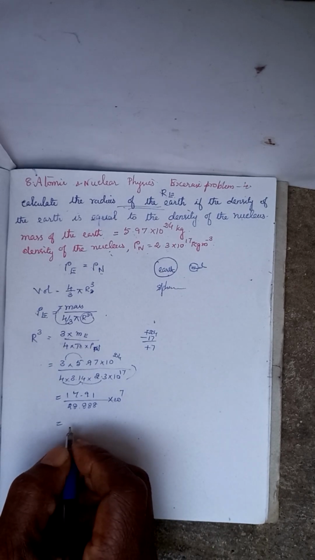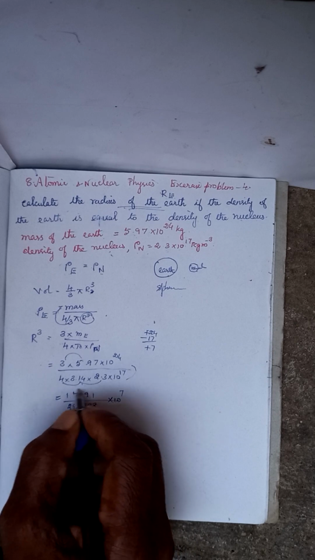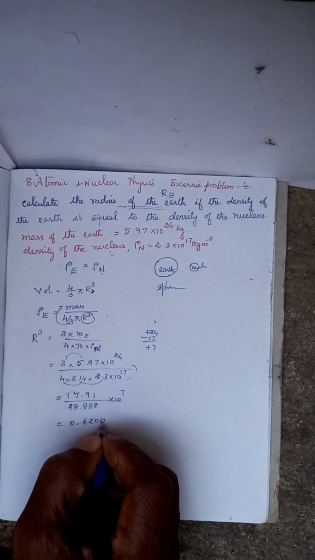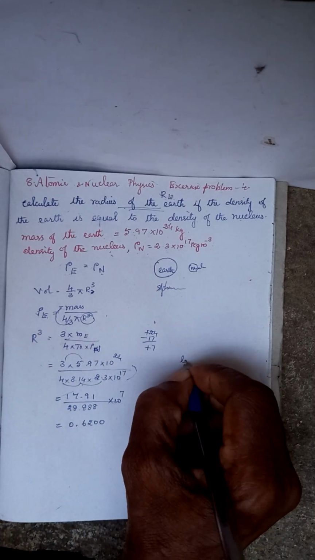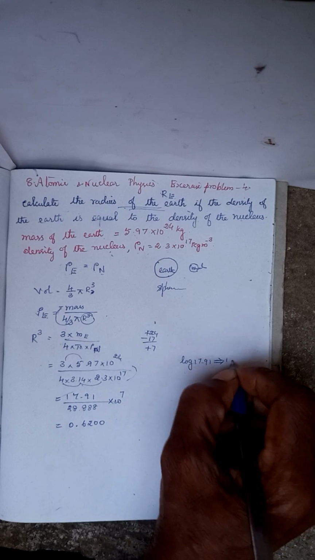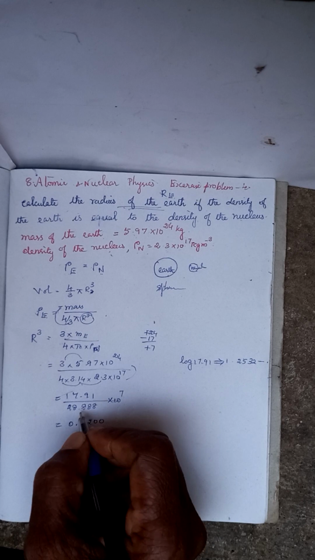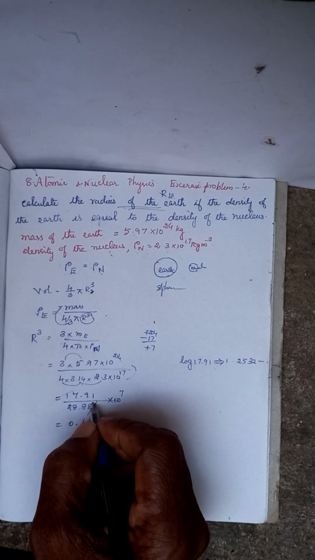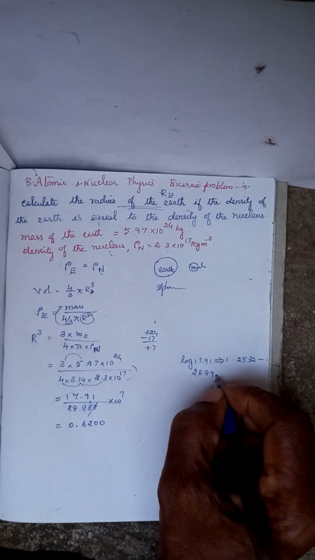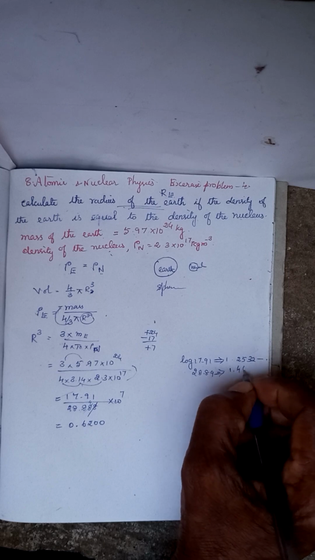See, while calculating with the log, we got log 17.91 is equal to 1.2532, minus log 28.88, is equal to 1.4608.